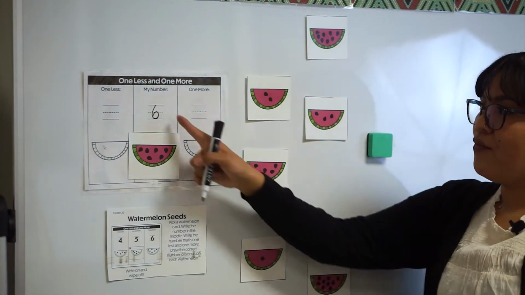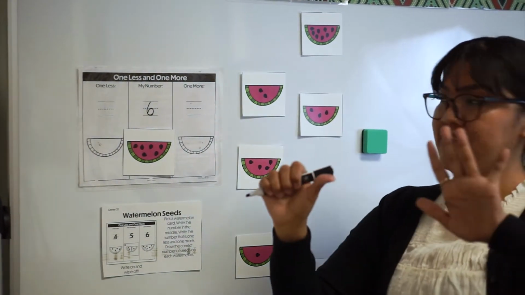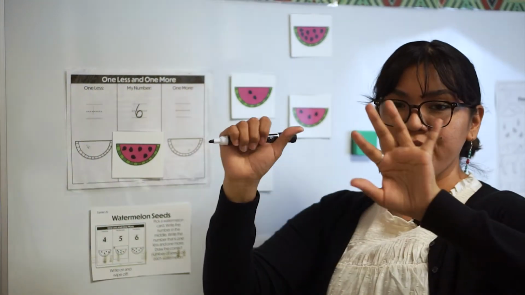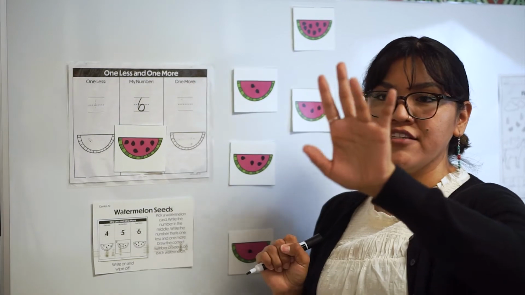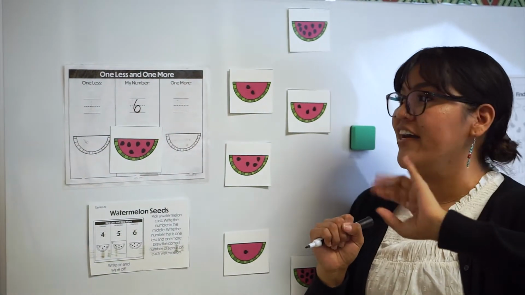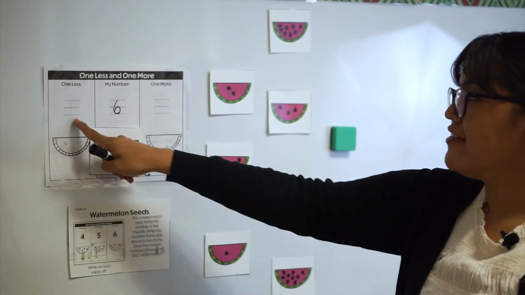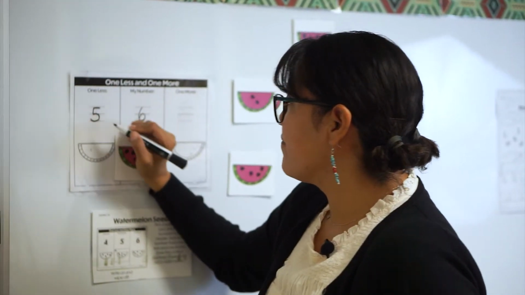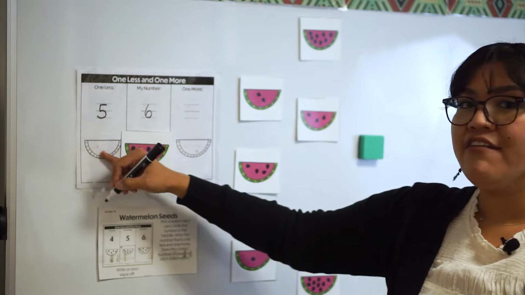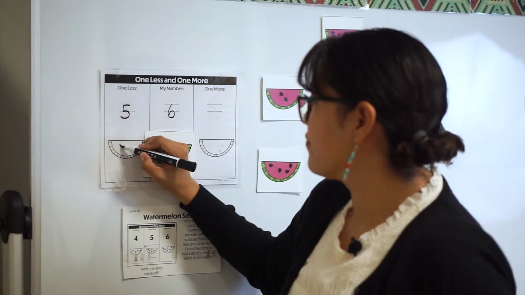So what is 1 less than 6? All right, put your fingers up, 6 fingers, 1 less, take away 1. We have 1, 2, 3, 4, 5. So 1 less than 6 is 5. We're going to write the number 5 right here. And then we're going to draw 5 watermelon seeds.